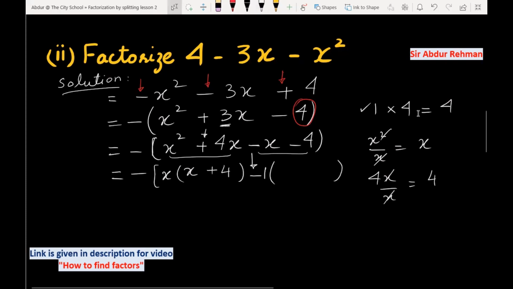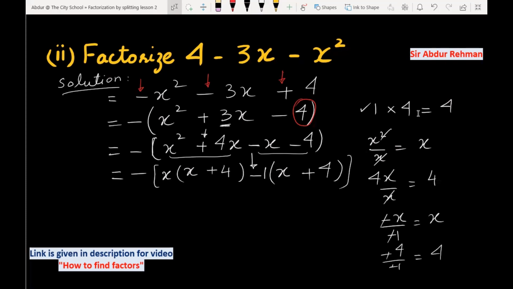So write down the values by dividing minus x by the common minus 1. Minus x divided by minus 1, minus minus cancel, the value will be x here. Write down x here. And minus 4 divided by minus 1, minus minus cancel, the plus 4.